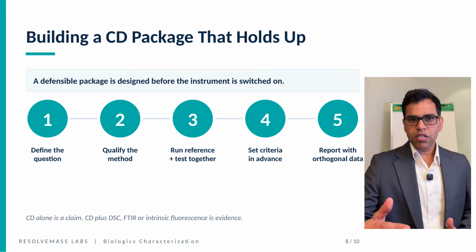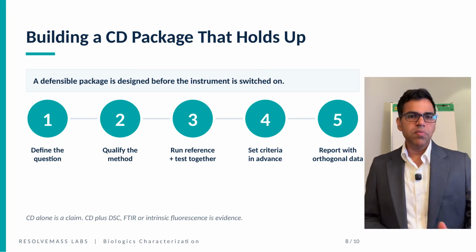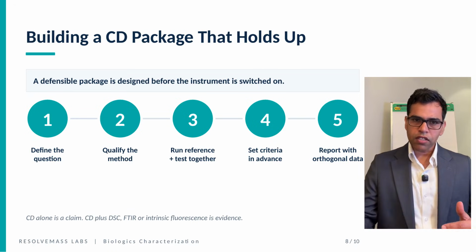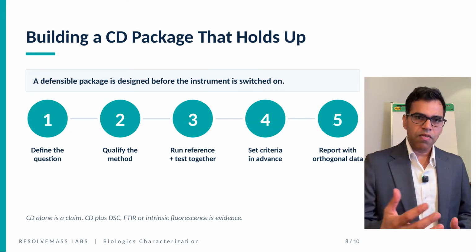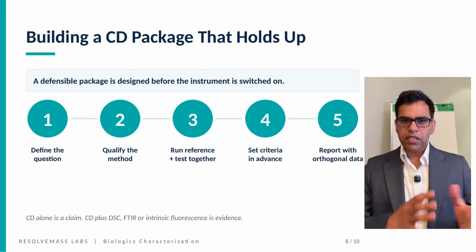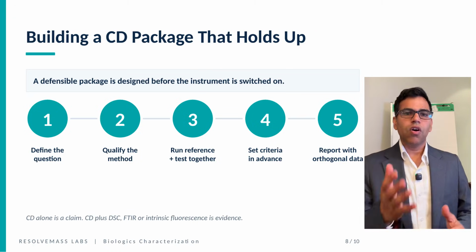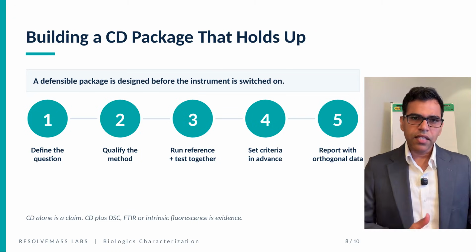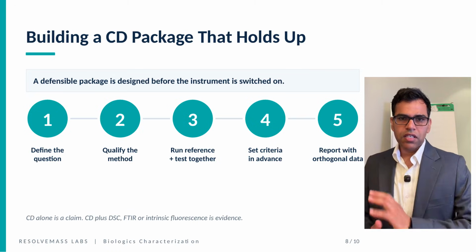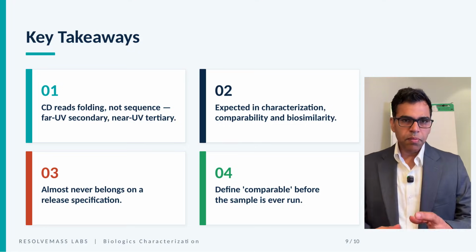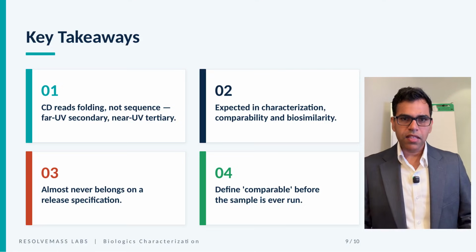Run reference and test material in the same session, same buffer, same operator, across enough lots to show real variability. Set your comparison criteria in advance. Then report alongside orthogonal data, DSC, FTIR, or intrinsic fluorescence. CD alone is a claim. CD plus one orthogonal method is evidence.